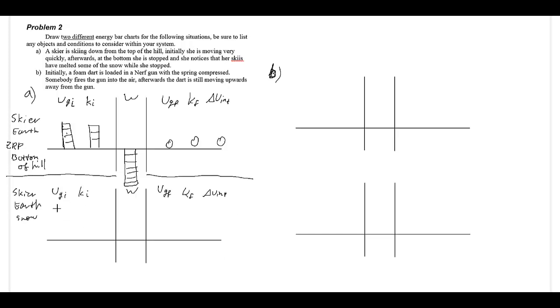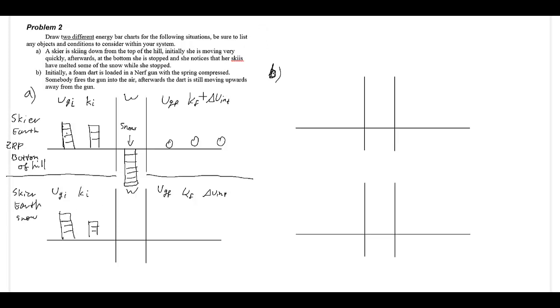We still start at the top of the hill, so I'm going to start with the same energy that we had before. Same initial gravitational and kinetic energy. But this time, because the snow is in our system, it could not do the work to slow us down. So what happened to all this energy?